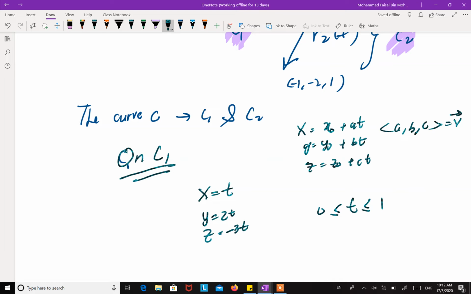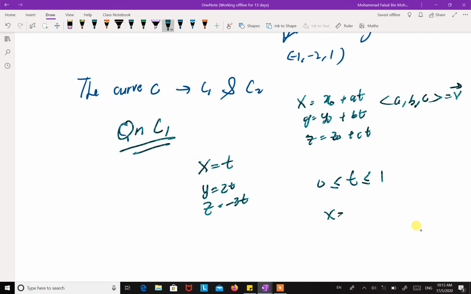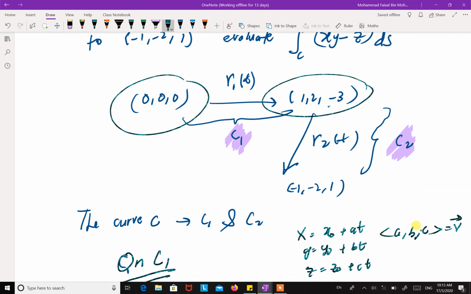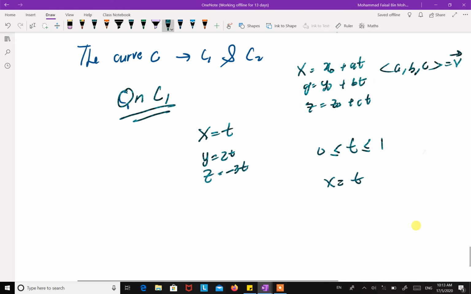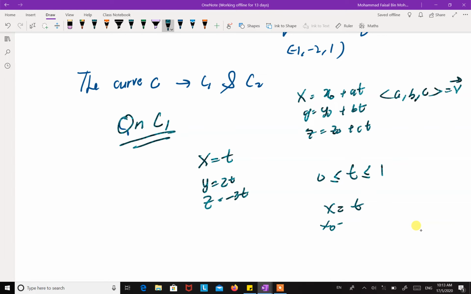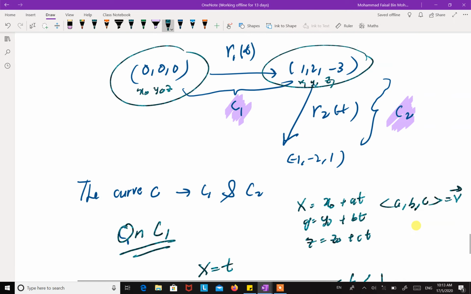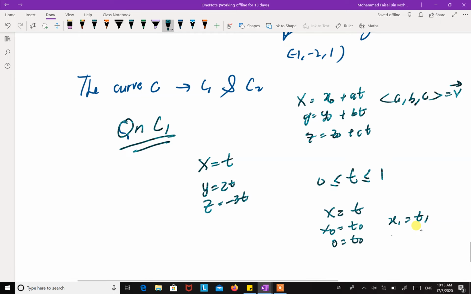Let's say you choose x equals t, right? So your x naught is 0. This is x naught, y naught, z naught, x1, y1, z1. So x naught is 0, t naught also 0. Your x1 equals 1, t1 equals 1.